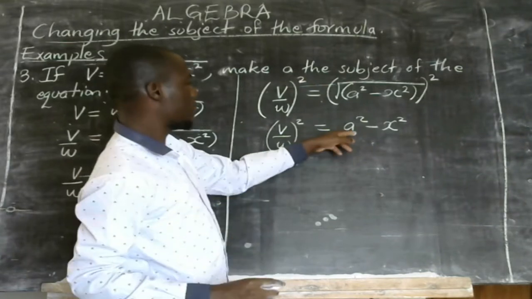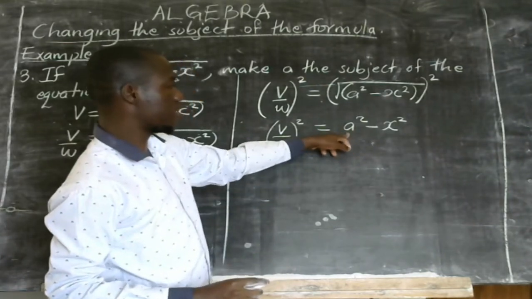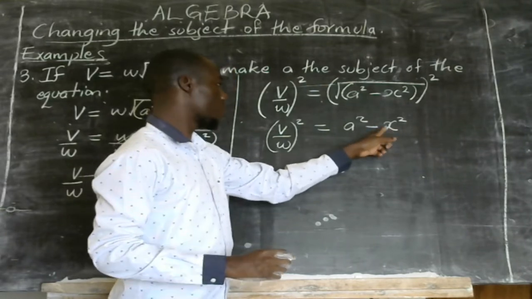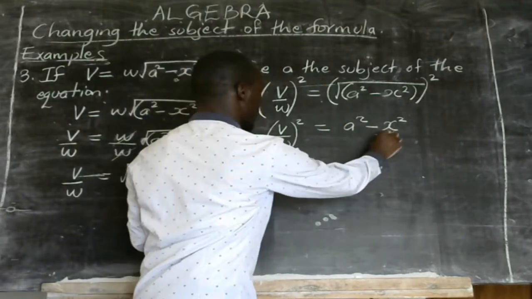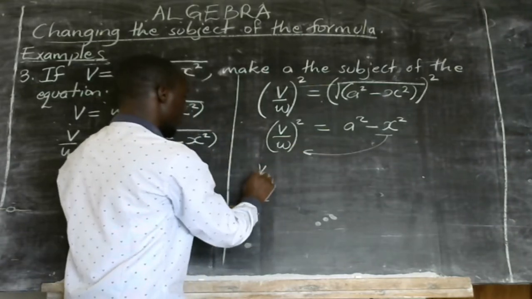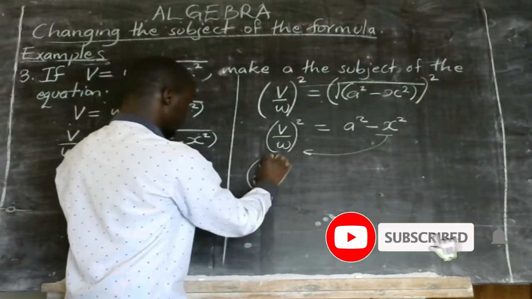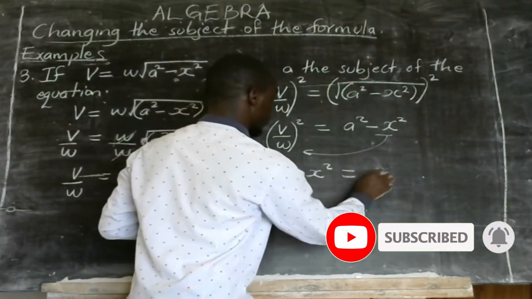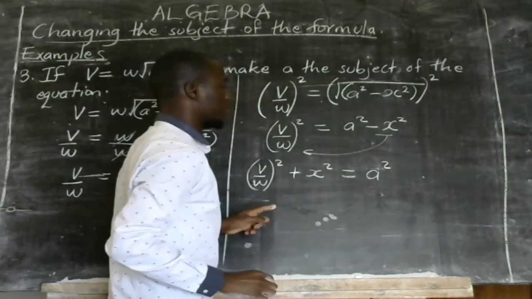Now what is stopping me from making a the subject is the minus x squared. So I bring it to the other side of the equation. So this is v all over w squared, then plus x squared is equal to my a squared.